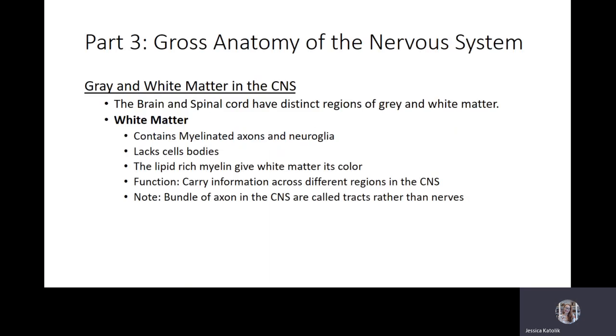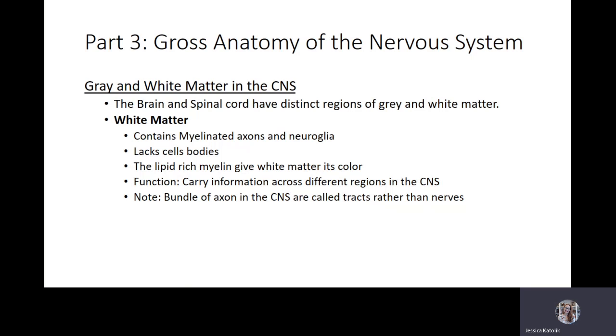So there's going to be gray and white matter. White matter is going to contain myelinated axons and neuroglia. Because the myelinated axons are located there, there's going to be a lot of oligodendrocytes wrapping their plasma membranes around them, forming the myelin sheath.